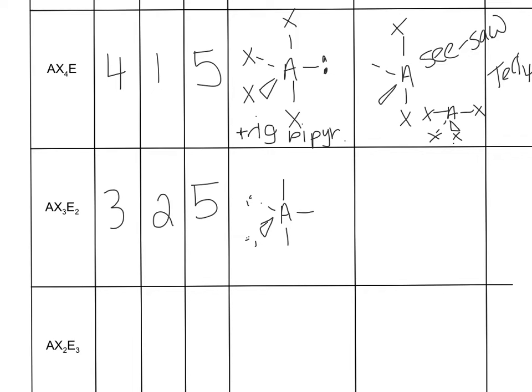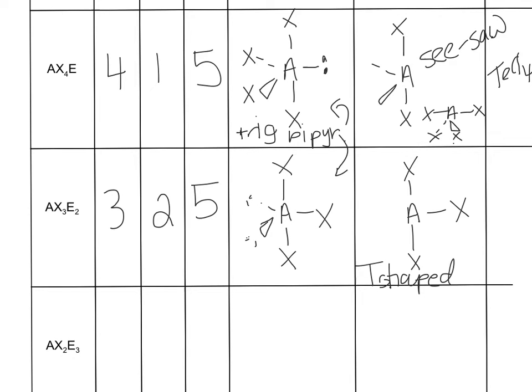And then the others are X's. So again, this is trigonal bipyramidal as well for electron pair geometry, but for molecular geometry, it's called T-shaped because we make the shape of a T. An example of this is bromine trifluoride.